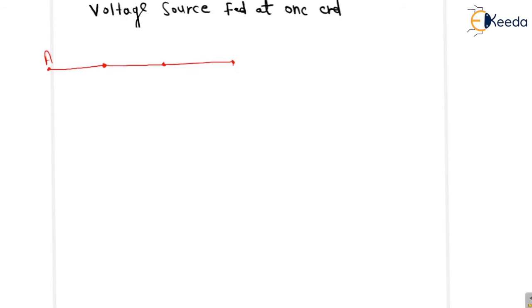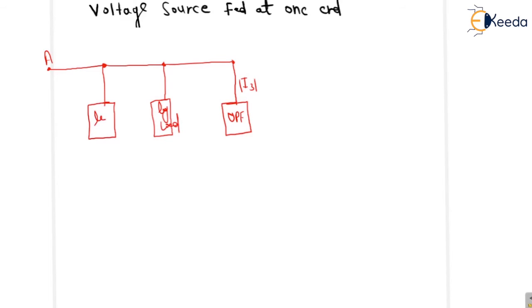Let us assume there is a current of magnitude I3, and this is a UPF load. This has a current of I2 and this is a lagging load. This is current I1 and this is a leading load.